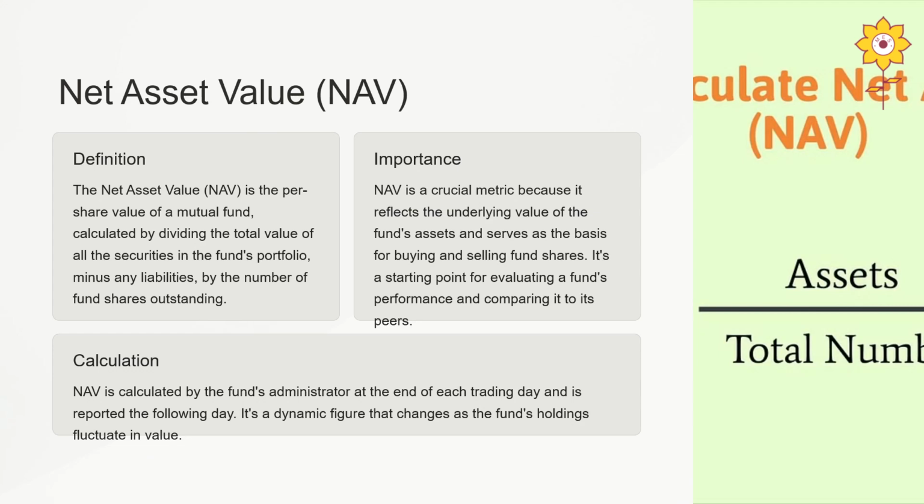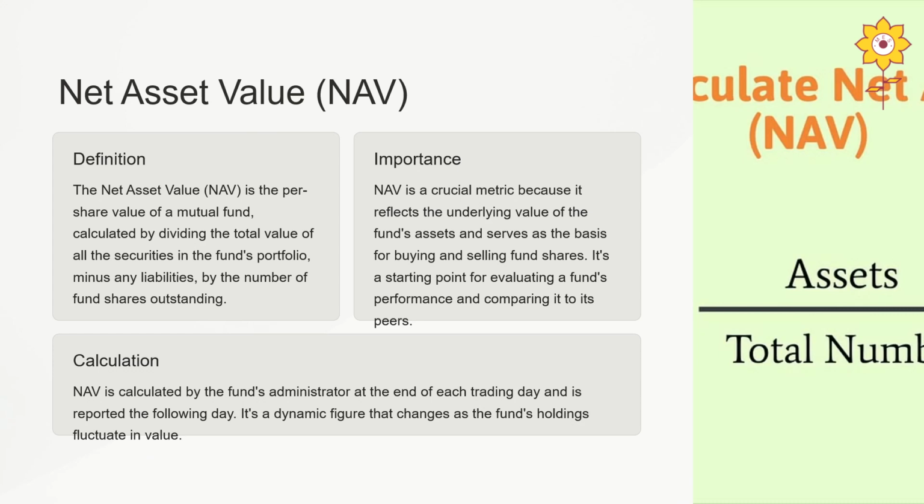So it's a starting point of evaluation. Every mutual fund evaluation basically starts with net asset value, and you'll find an NAV for every mutual fund. If you want to see the NAV of every scheme, you can find it in the Economic Times on Thursday, when companies present the NAV of their mutual fund schemes.